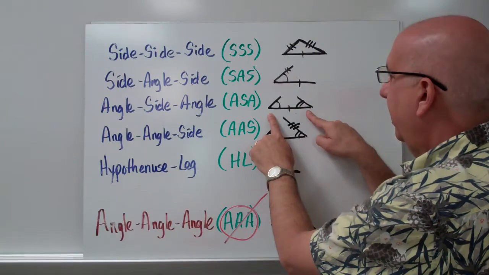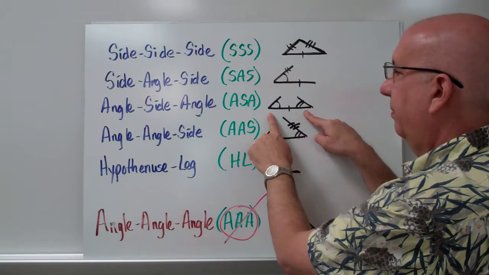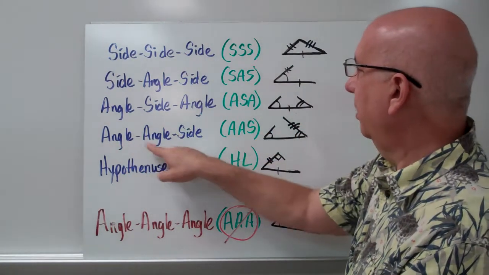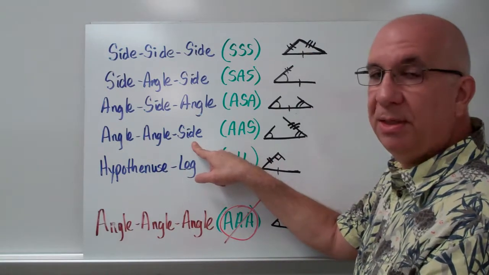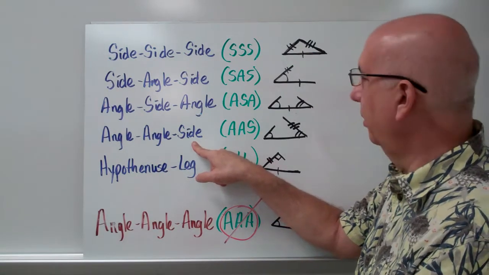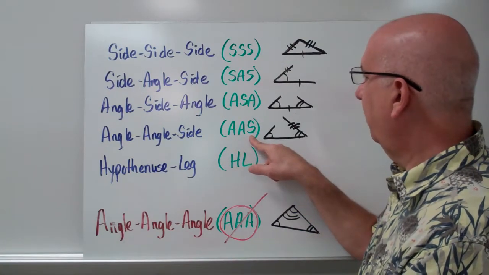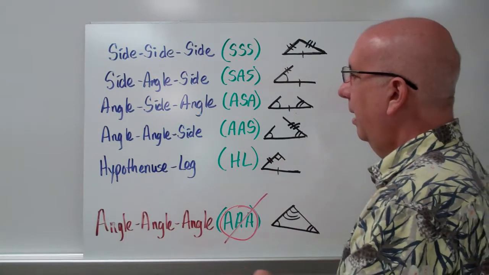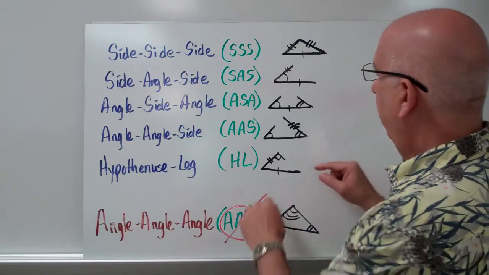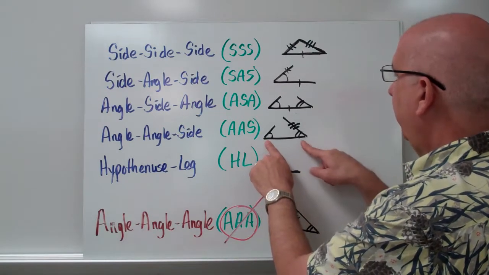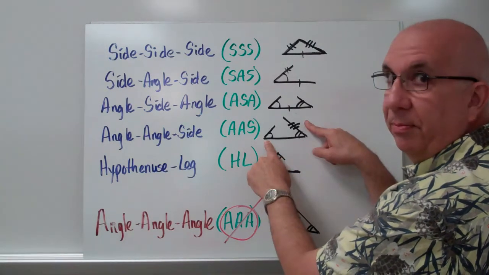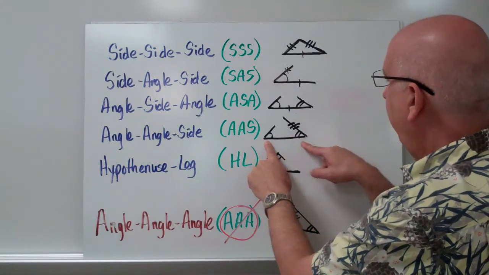That's angle, side, angle. The next one is angle, angle, side. This one does not have an included side or angle. It has two angles followed by a side. So, two angles, angle, angle, and then a side outside. This is angle, angle, side.